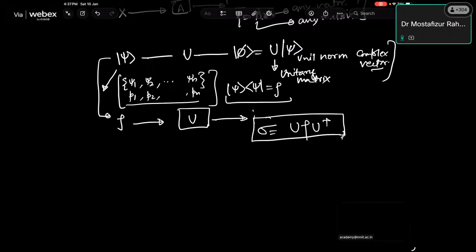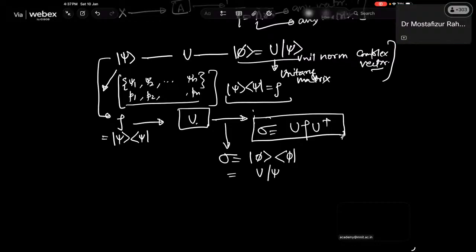You can also prove it. How to prove it? Suppose your rho is simply the outer product of the state psi and psi, and this is your evolution matrix, the time evolution matrix, and this phi is this one. Then what will be sigma? Sigma will be your outer product of phi and phi. So if it is the outer product of phi and phi, then you can always write it as U psi times psi dagger U dagger.